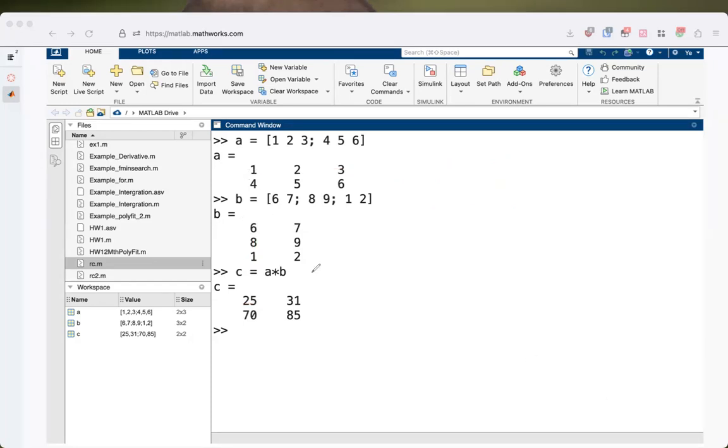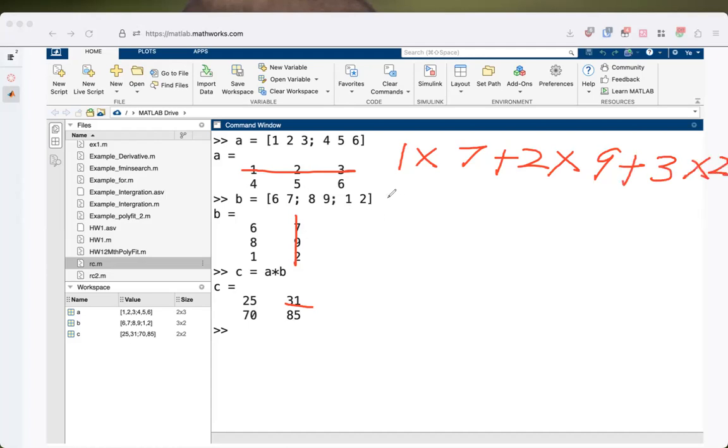Then C12, this one, row 1 times column 2. So 1 times 7 plus 2 times 9 plus 3 times 2, which equals 7 plus 18 plus 6. So this is 25, 25 plus 6 is 31.